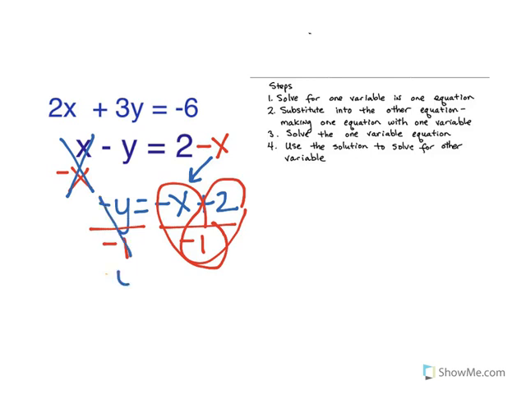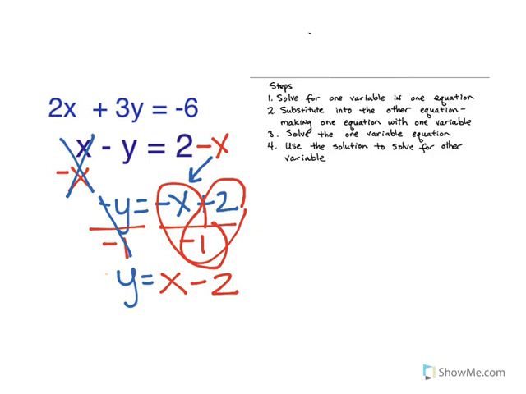So then y would be positive, and negative x divided by negative 1 is going to give you a positive x, and then 2 divided by negative 1 is going to give you a negative 2. So now we have solved for one variable in one equation.